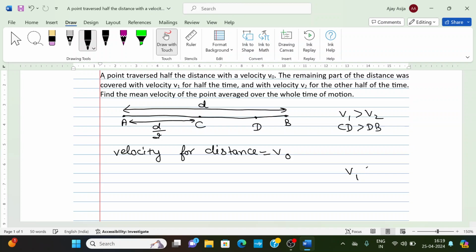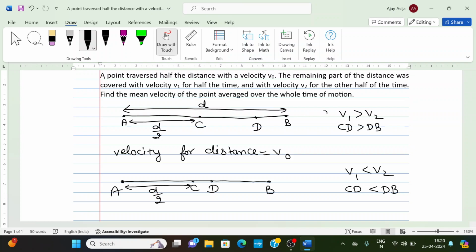If v1 is less than v2, then the picture will be like this. This is the total distance and this is the midpoint C, and this distance is D by 2. In this case, the distance traveled with velocity v1 is less than the distance traveled with velocity v2, so we should place the point such that CD is less than DB.